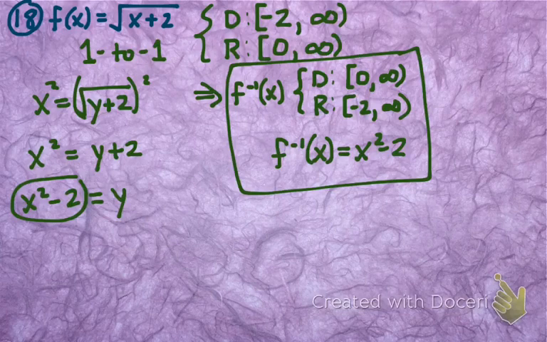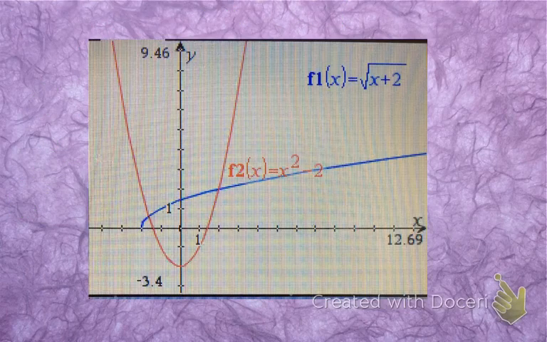So let me show you on the graph what I'm talking about, because this one's important enough that I actually graphed it and included it in the video, and here it is. All right. Now, as you see in this picture, if we just leave x squared minus 2 as our inverse, then what we get is what you see here. And we don't want all of that, because we only want the right side of it, because that would be the reflection of the blue graph, which is our original function, the square root graph.